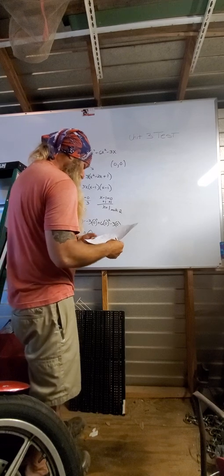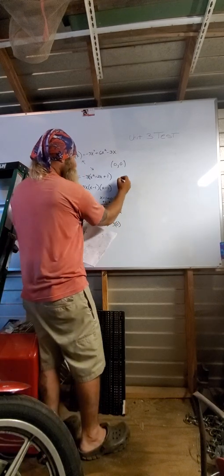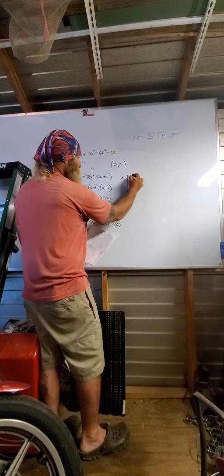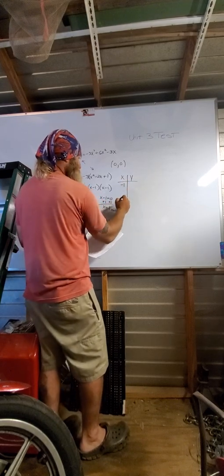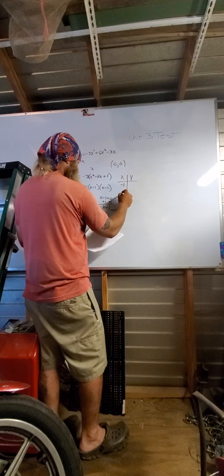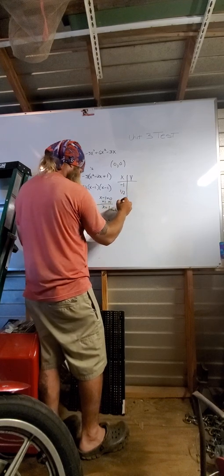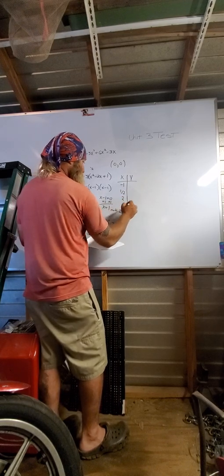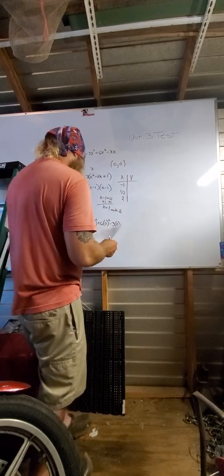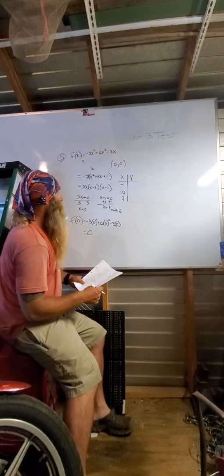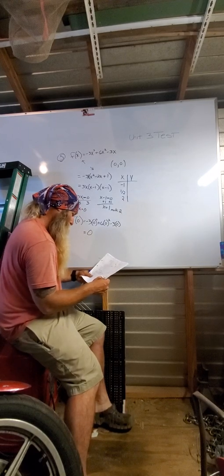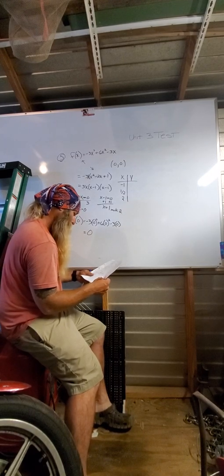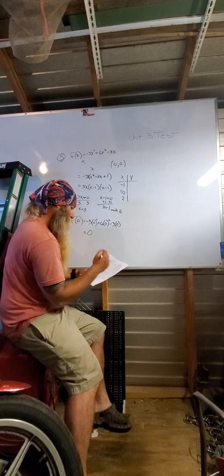Okay? Now we need to find a few more points. X, y, we get negative 1, 1/2, and 2. So trying to leave room over there to graph. Let's do the negative 1.